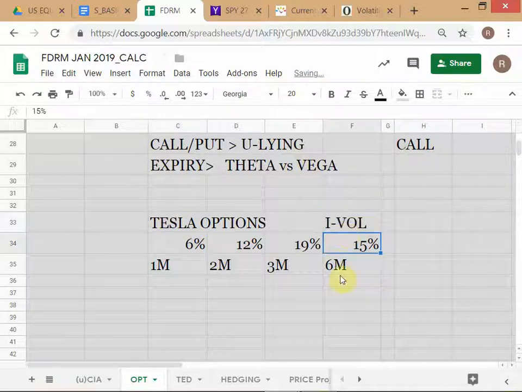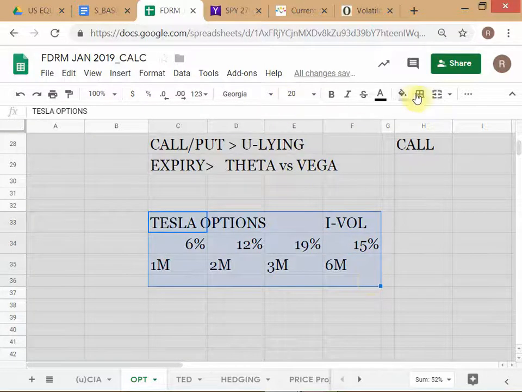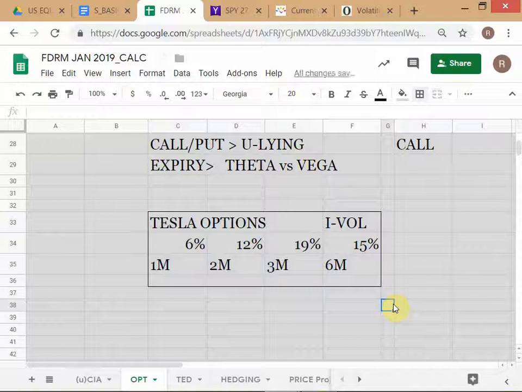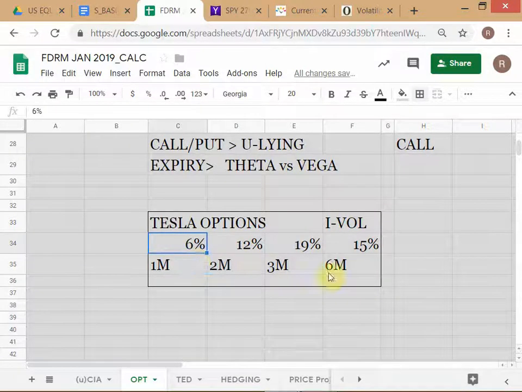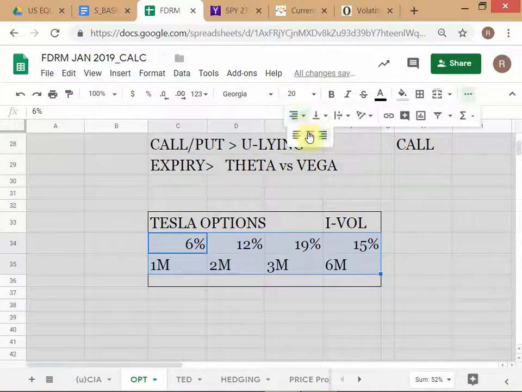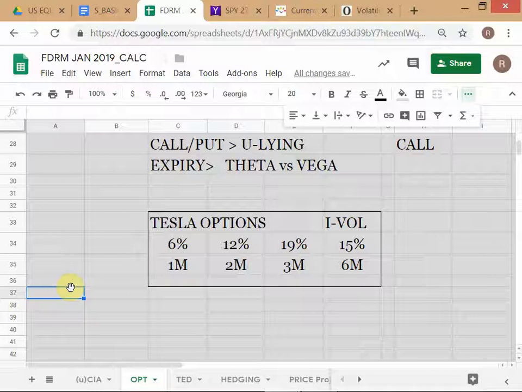If I look at 1 month options, I find that the eyeball for 1 month Tesla options is 6%. For 3 months, it's 19%. Is everyone clear about this? Are you following?